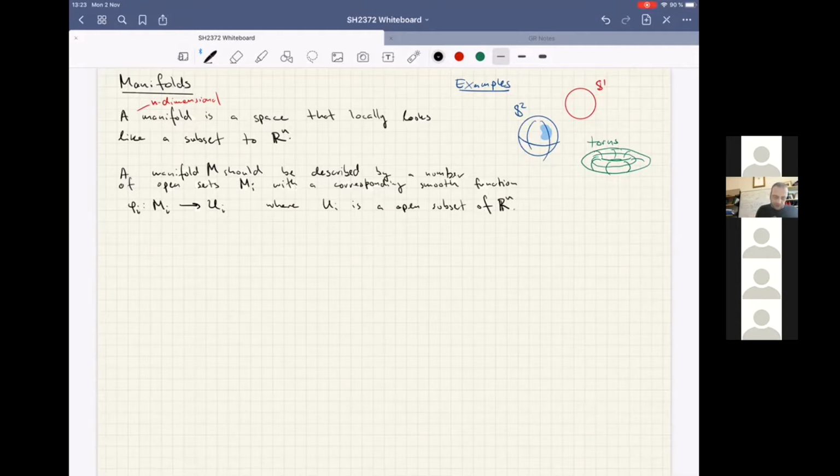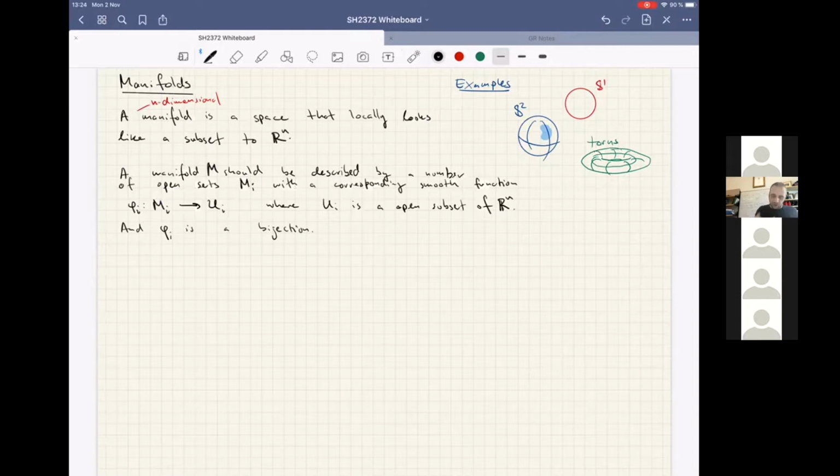And this should be a bijection. And phi is a bijection. And this subindex i here just enumerates these different sets that should in total cover the entire space that we want to describe.